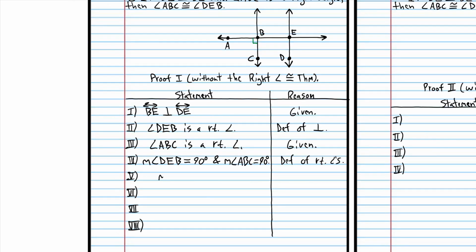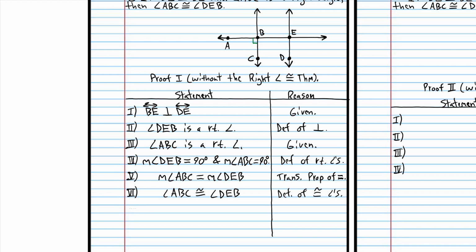So now we can say that the measure of angle ABC is equal to the measure of angle DEB, because they're both equal to 90. That is the transitive property of equality. And by definition, angle ABC must be congruent to angle DEB. Definition of congruent angles. And it looks like we didn't need those last steps.